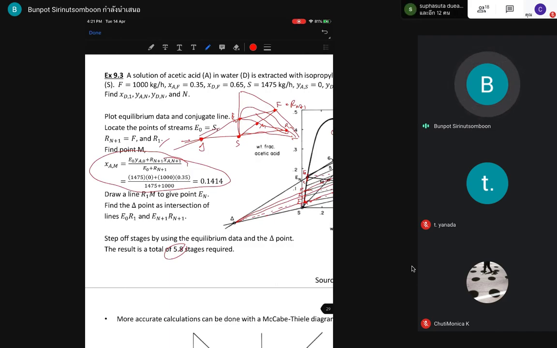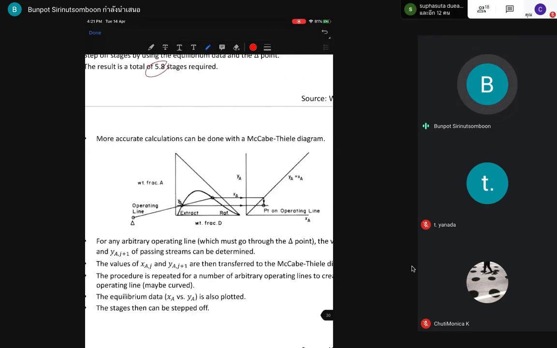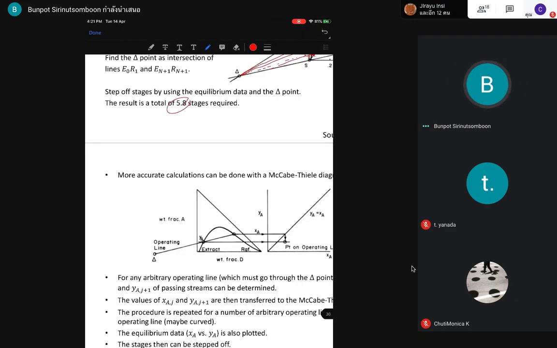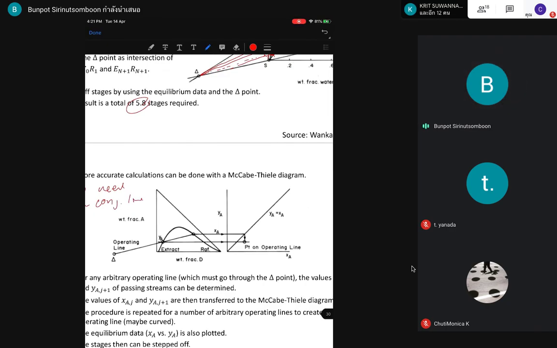And the other way is to use the combination of the triangular diagram and the Marquette field. For this one you don't need the conjugate line, but you use the solution envelope.